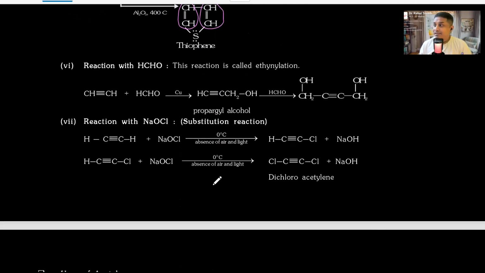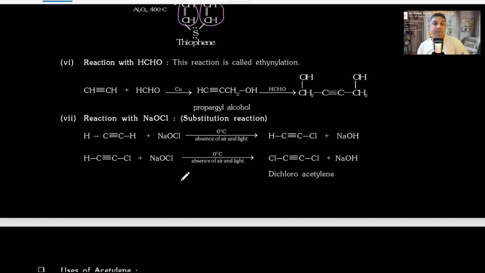Another reaction is called ethynylation. If you expose our ethyne to, let's say, HCHO, which is formaldehyde, in the presence of a metal like copper, propargyl alcohol is formed. Now, what is that propargyl alcohol? One of the H plus gets substituted by CH2O here. That H plus later on is combining here as CH2OH.